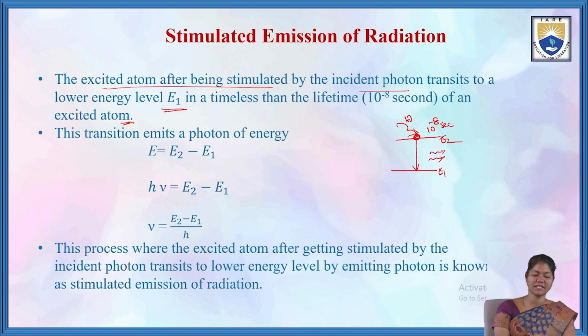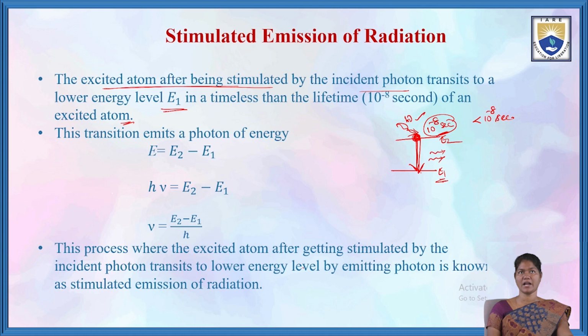So the excited atom, after being stimulated with an incident photon, transits to a lower energy level even in a time less than 10 power minus 8 seconds, the lifetime of an excited atom.